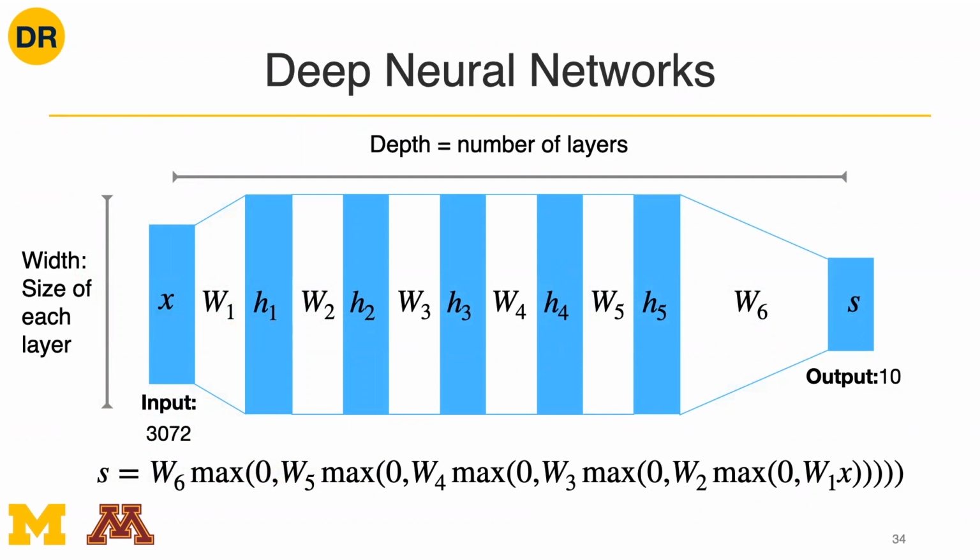Depth is actually referring to the number of layers, whereas the width is referring to the size of each of these layers. We'll see that later in a couple of lectures from now, where we'll talk about how much influence the width or the depth has had on the ImageNet classification challenge. You'll see a few networks that came into the picture where by changing the depth and the width, they achieved different properties or different results.